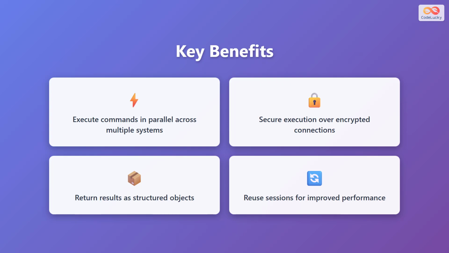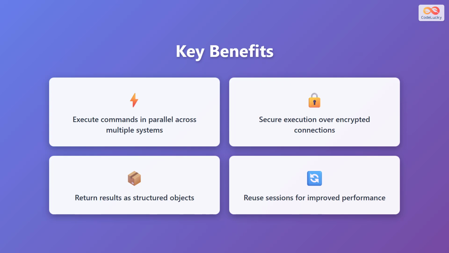Let's review the key benefits of using Invoke-Command for remote administration. First, it allows you to execute commands in parallel across multiple systems, dramatically reducing the time needed for large-scale operations. Instead of configuring 100 servers sequentially, you can configure all of them simultaneously. Second, all communication happens over encrypted connections using the WS-Management protocol, ensuring your commands and data remain secure as they travel across the network.